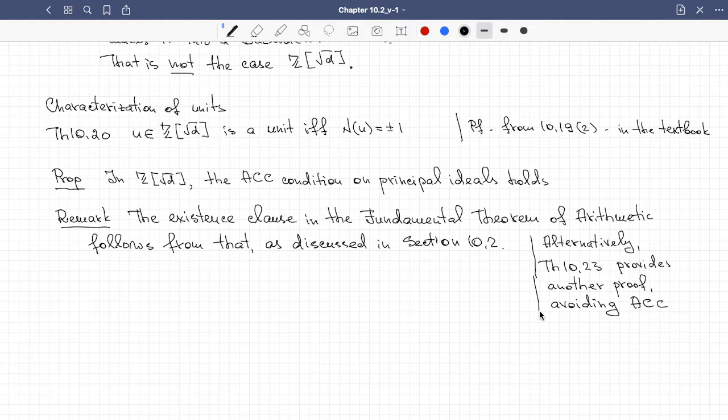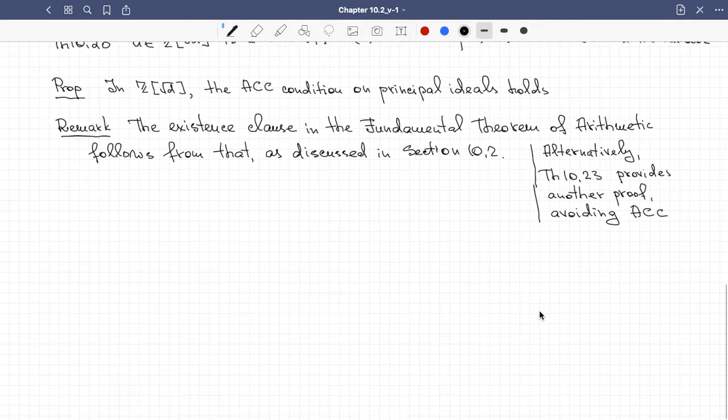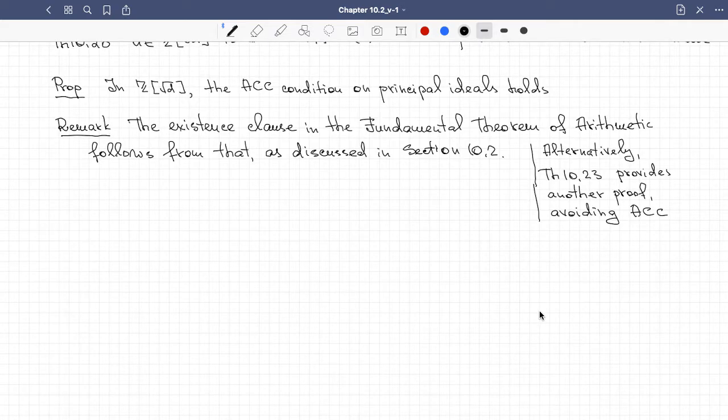I think that it is more interesting to use the notion just introduced. So here is a proof of the proposition.